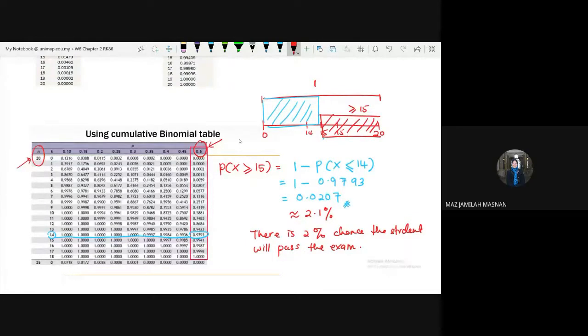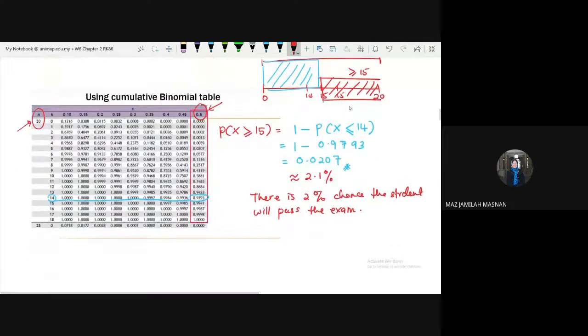What will be the largest p value that you have in the table? I just want to hear from you. 0.5. Yes, 0.5.